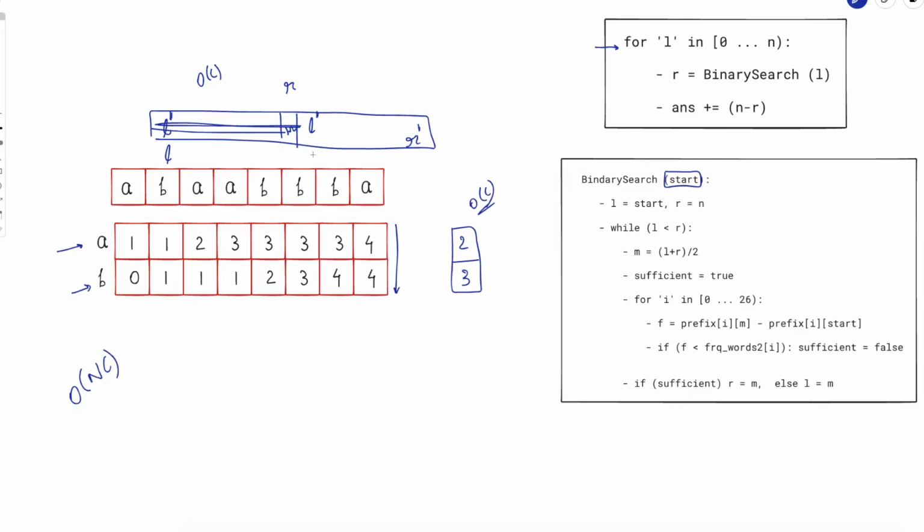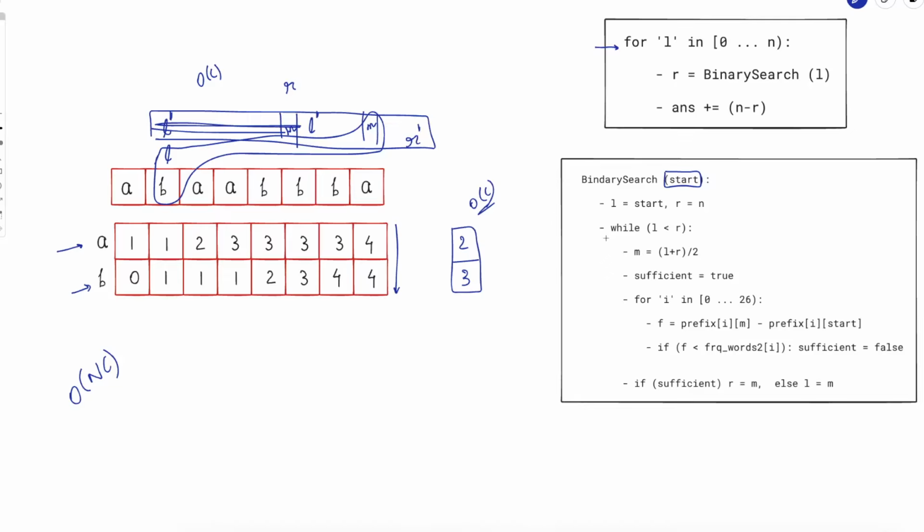Now again, you will come to some M. For this M, again, you will not search between L dash and M, rather you will check whether L to M is valid or not, right? If it is valid, you will go and search in the left, otherwise go and search in the right, and so on and so forth. So that's what we're doing.